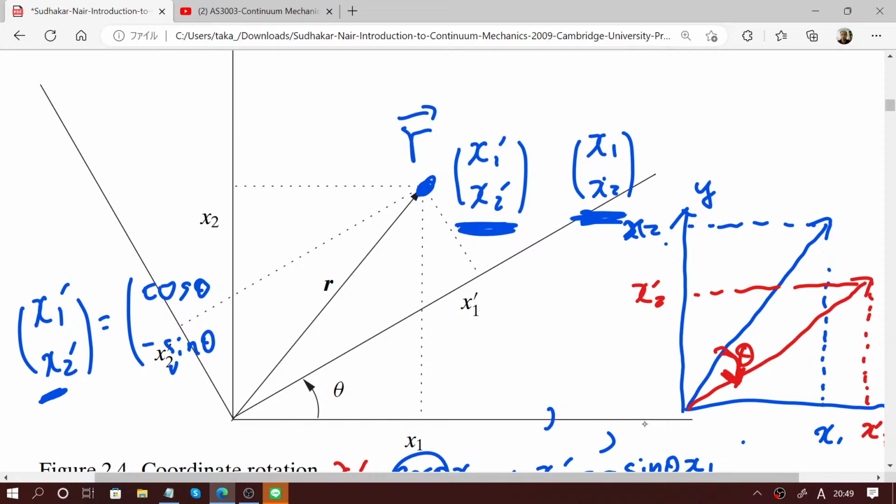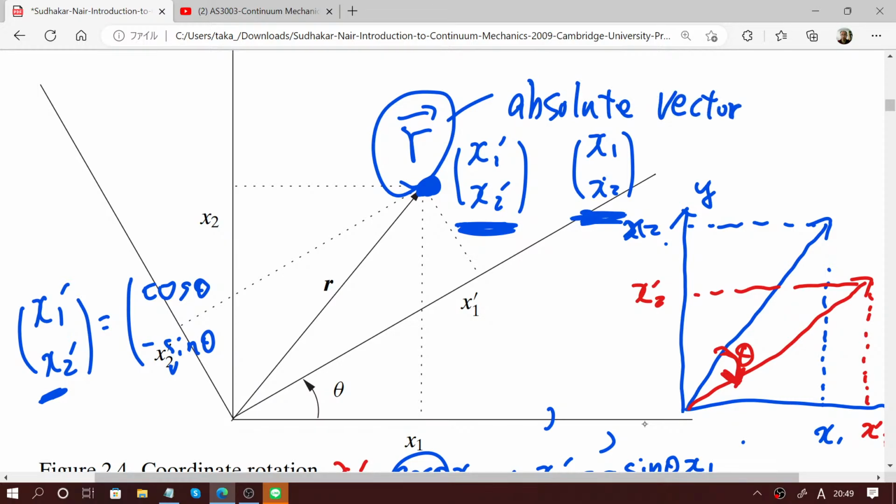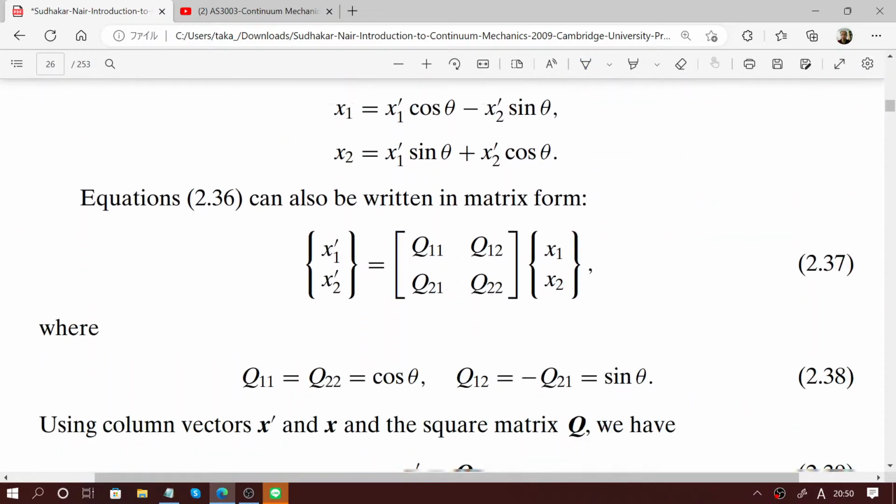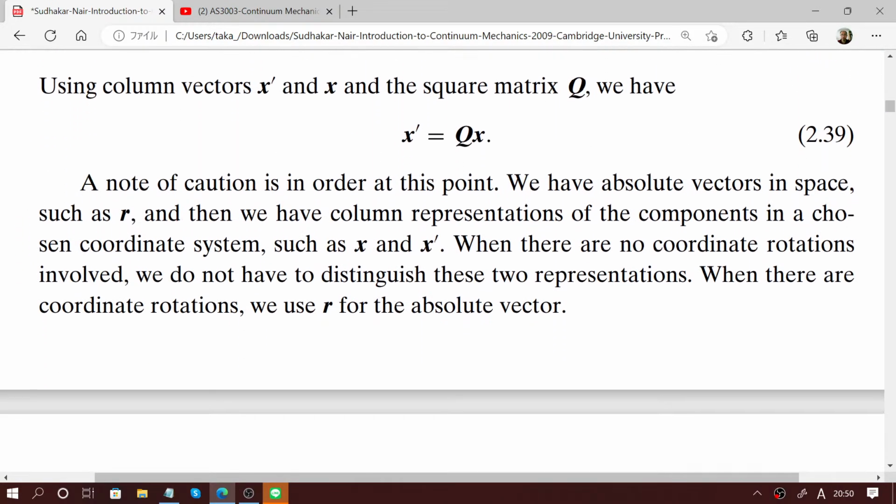But these two points are actually the same point, which should be called R. So this is called absolute vector.